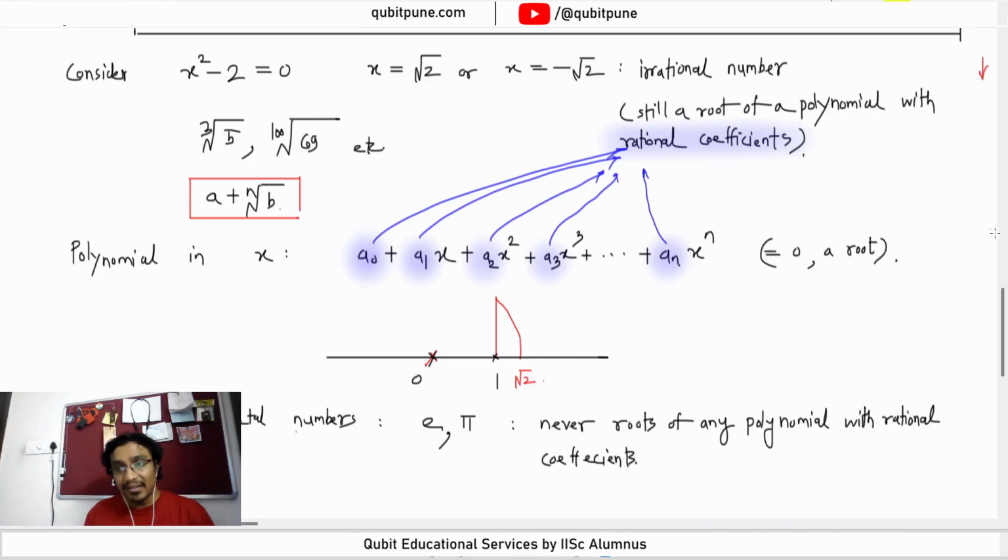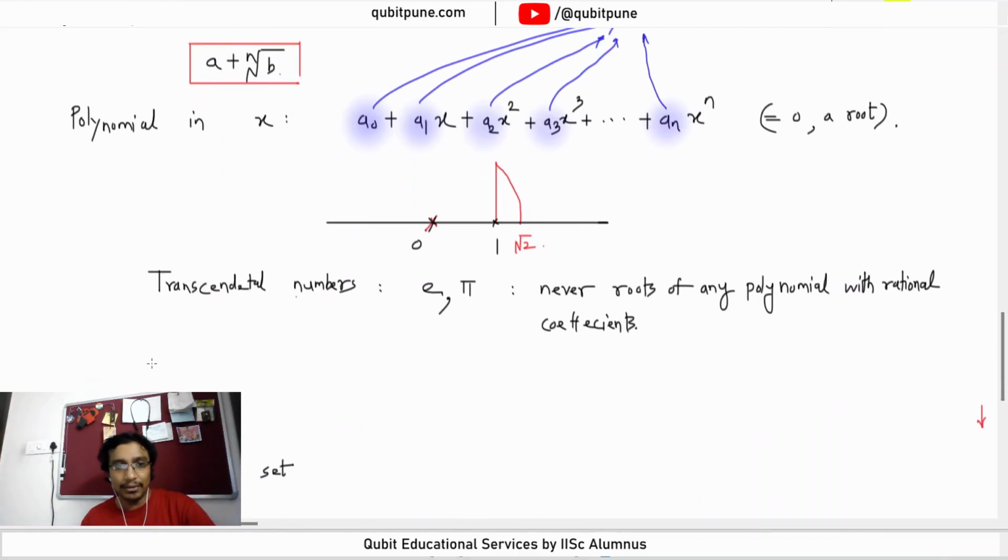Well, you can still form an equation like this, a quadratic equation whose roots are e and pi, which are transcendental numbers, but here the coefficients are not rational. Do you realize what I'm trying to say here?